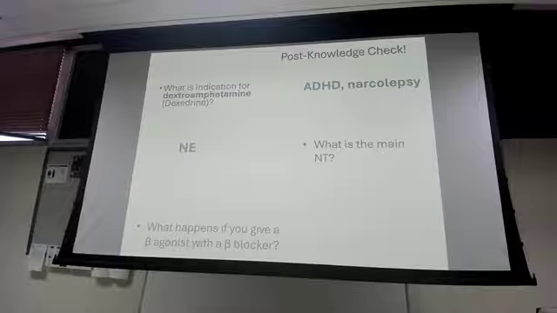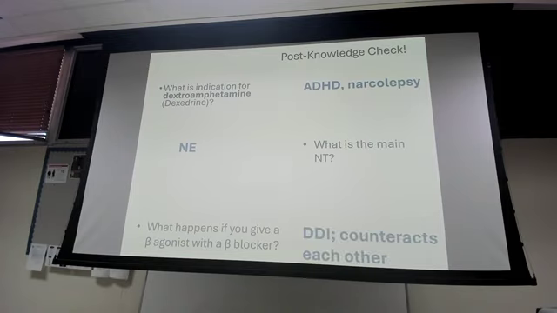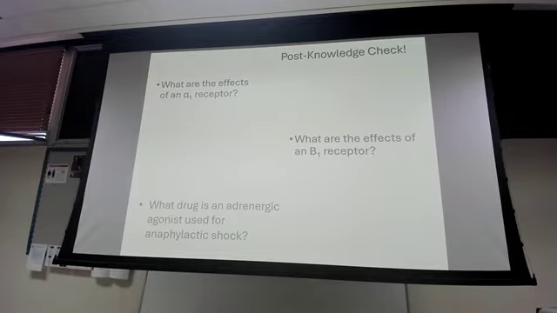What happens if you give a beta agonist with a beta blocker? What if I gave a beta blocker with a non-DHP calcium channel blocker? Right? Additive effect, both of them are gonna cause bradycardia. What are the effects of an alpha-1 receptor exciting, inhibiting?